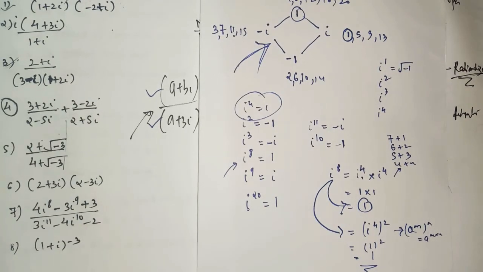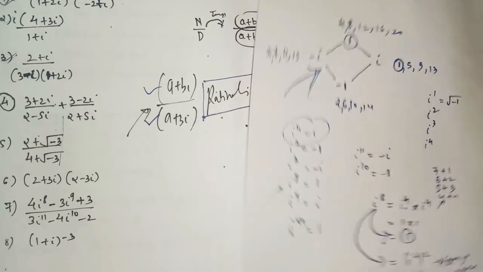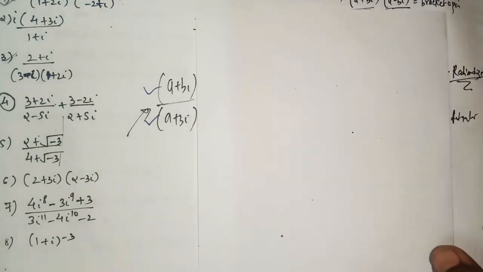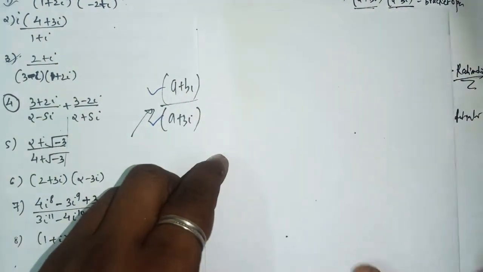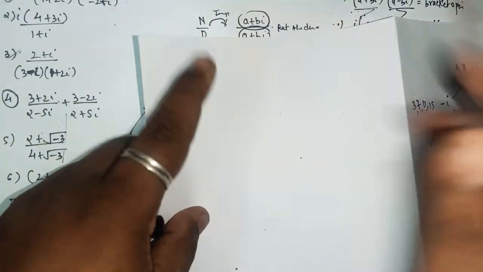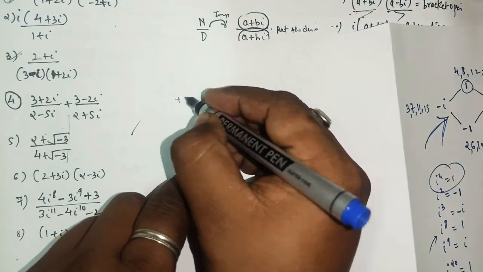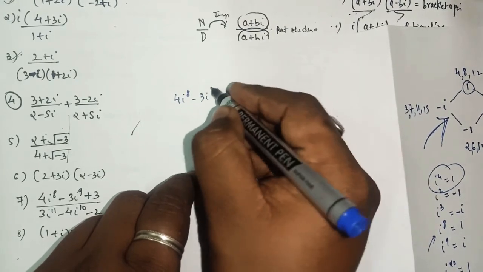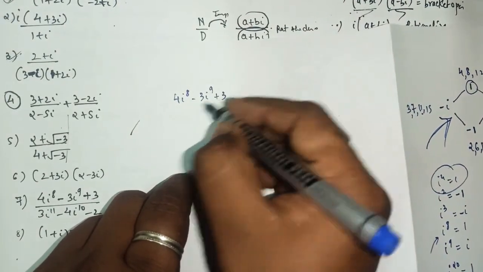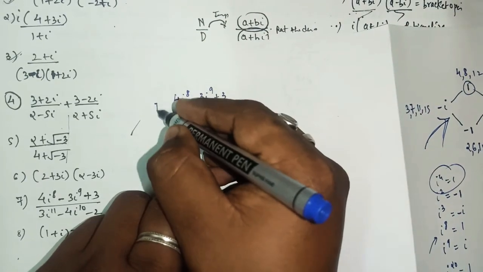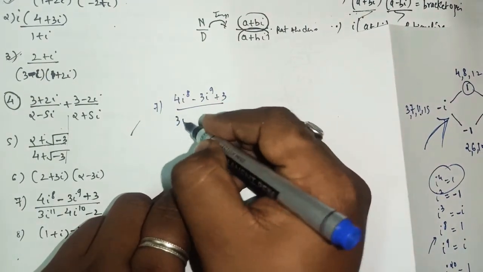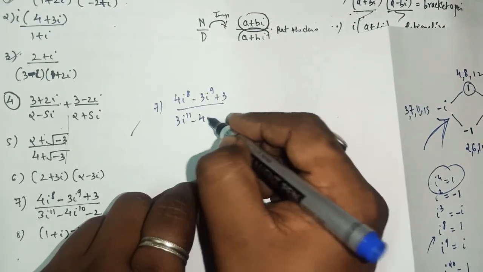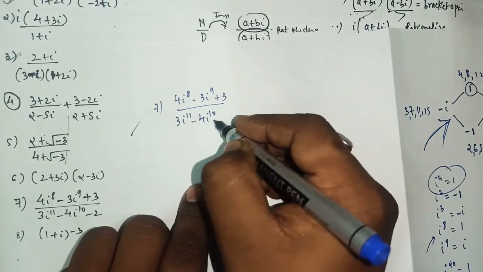So let's solve this sum now. Here it is: 4 i raised to 8 minus 3 i raised to 9 plus 3, upon 3 i raised to 11 minus 4 i raised to 10 minus 2.